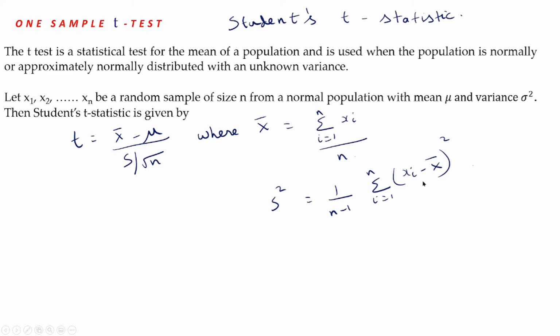This is nothing but the sum of squares of deviations from the mean. So S square is given by 1 by n minus 1 into summation i equal to 1 to n of (xi minus x bar) the whole square.